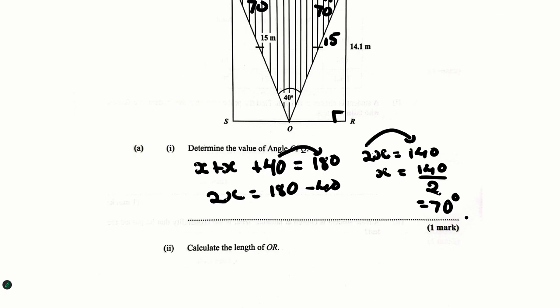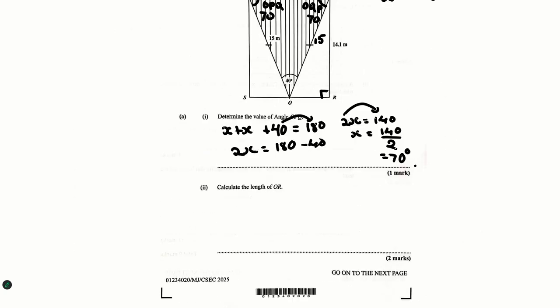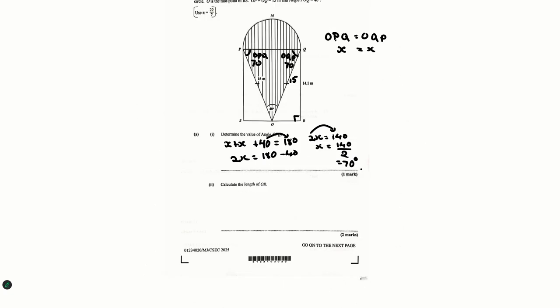Let's just zoom out so I can see the question and make the formula. I know that OQ squared, that's the hypotenuse squared, would be equal to the other two sides squared, which is OR squared plus RQ squared.